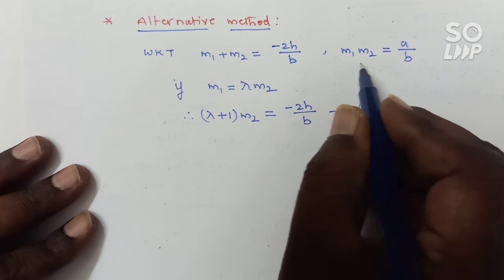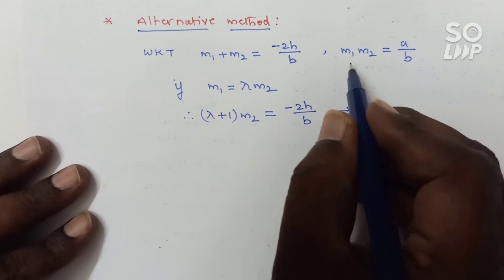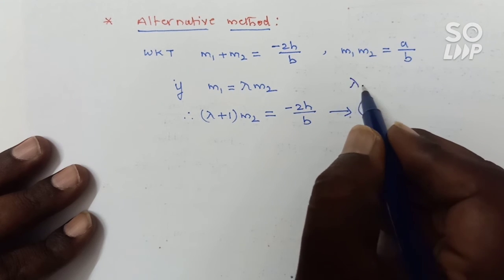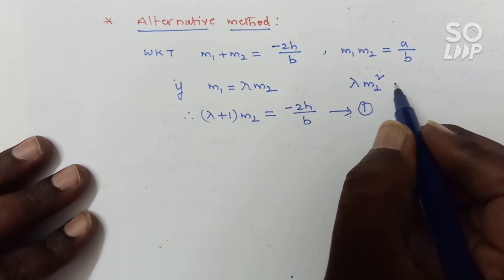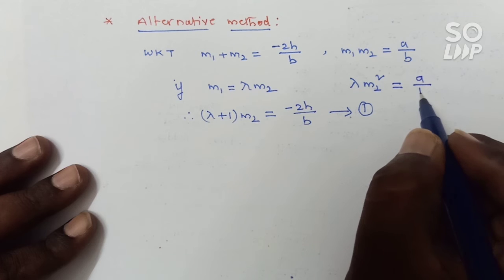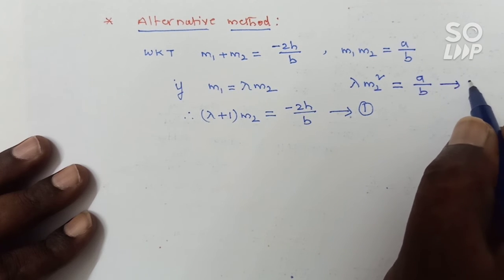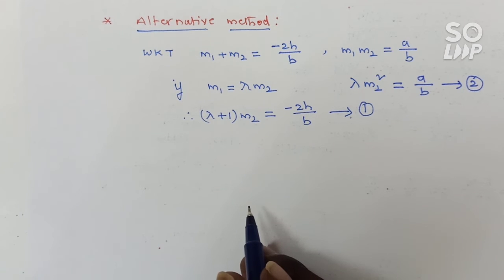And next in this one, here is lambda into m2 square is equals to a by b. This one as equation 2.